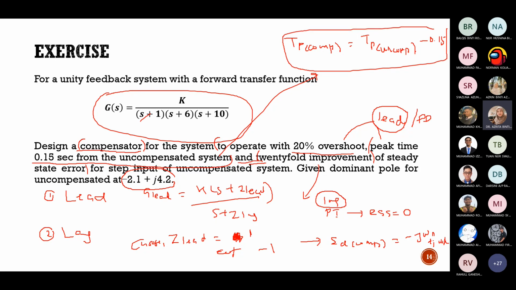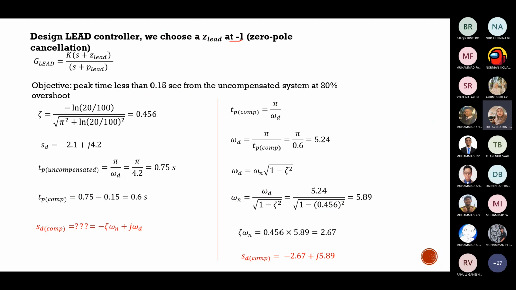Okay, so for the TP, since our design requirement is based on the TP value, that means we will use the TP formula. If you remember, the TP formula is given by TP equals pi over omega d. Okay, so from here we can evaluate the value of zeta.